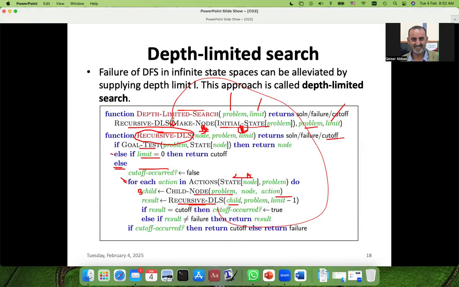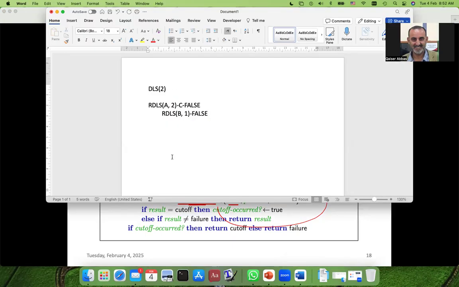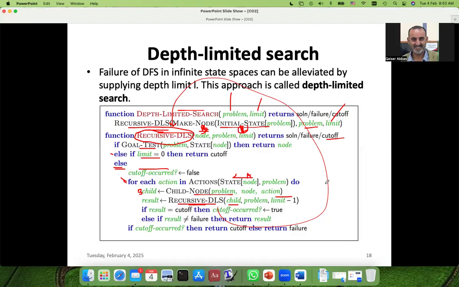So when we called it first with A and 2, cutoff was false. And when we called it second for B and 1, the cutoff is again false.